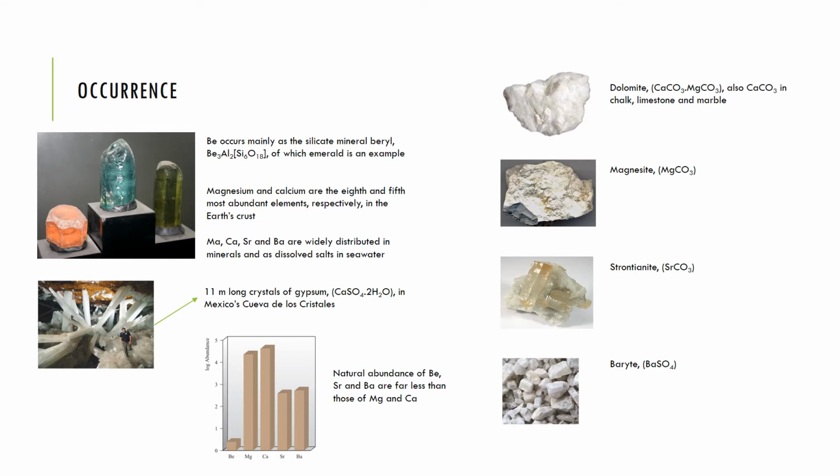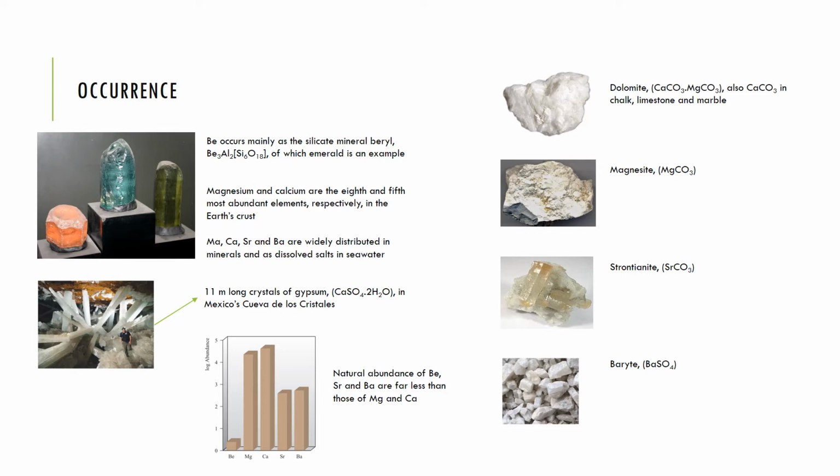In terms of occurrence then, a very quick note on occurrence. Beryllium occurs mainly as the silicate mineral beryl, and emerald is a good example of that. Magnesium and calcium are very abundant in the Earth's crust, and along with sodium and sodium chloride, magnesium, calcium, strontium and barium are widely distributed in minerals and found in seawater.